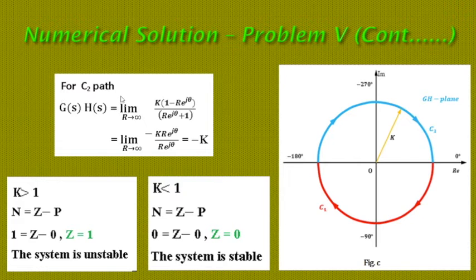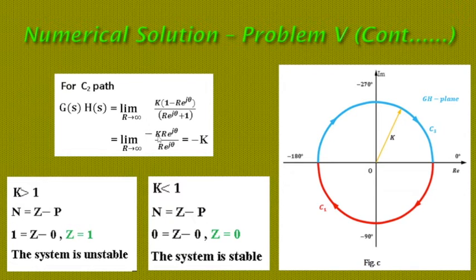For the C2 path, put S equal to R e to the power j theta. That means GSHS equal to limit R tends to infinity K into 1 minus R e to the power j theta divided by R into e to the power j theta plus 1. So R tends to infinity means 1 is neglected.